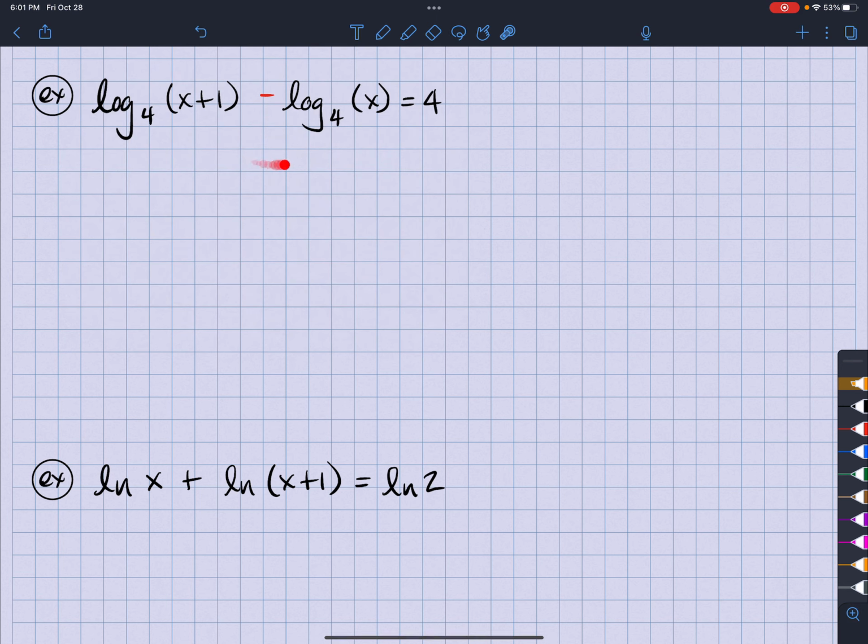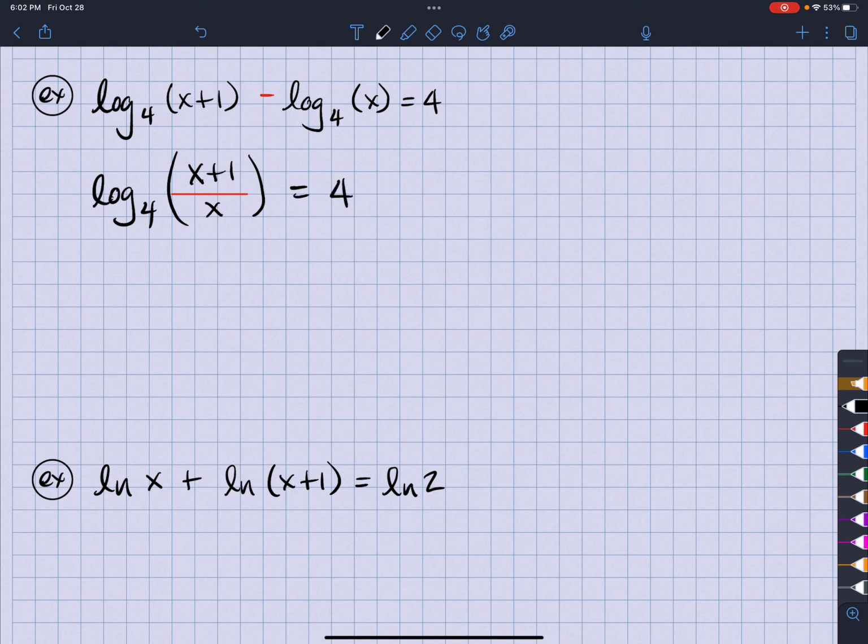Since the logs are on the same side and just a number on the other, I can combine these by condensing them. And since it's subtraction, it must mean it's dividing. So I get the log base 4 of x plus 1 divided by x, and that's going to equal 4.